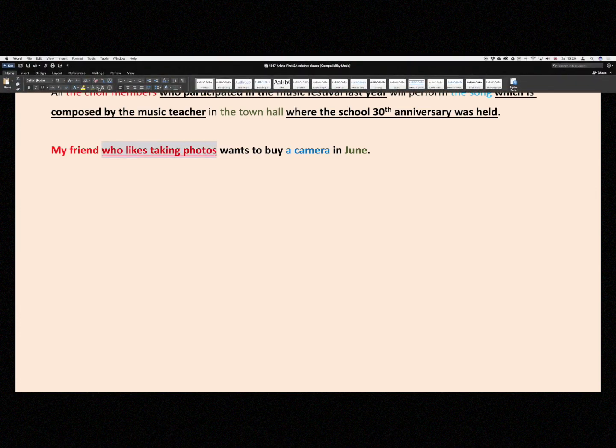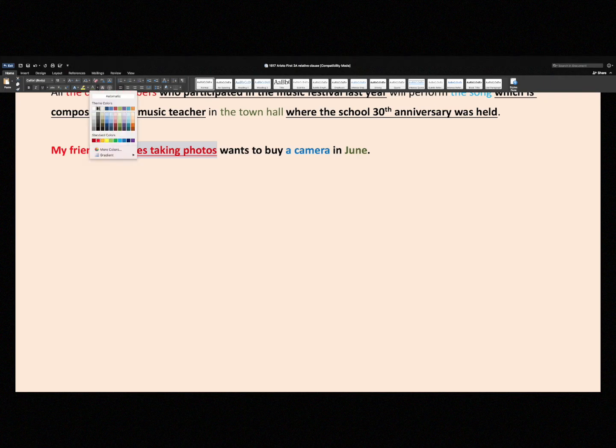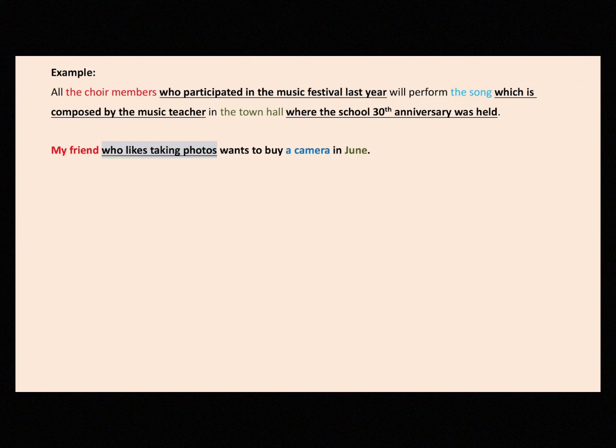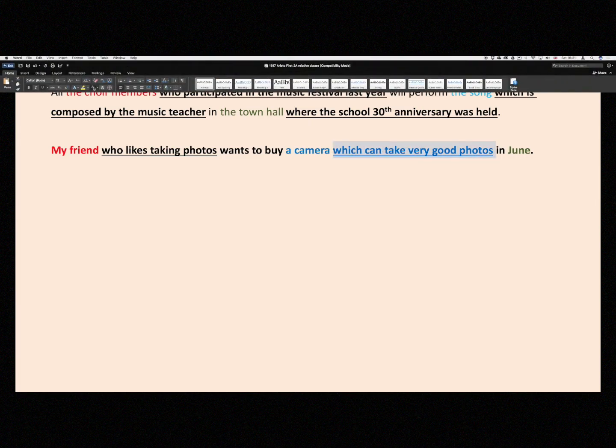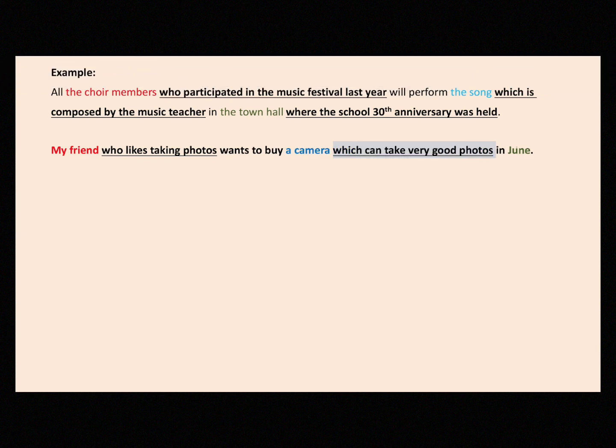It is my friend who likes taking photos. And then wants to buy a camera. It may be a camera which can take very good photos. So which camera? It's the camera which can take very good photos.